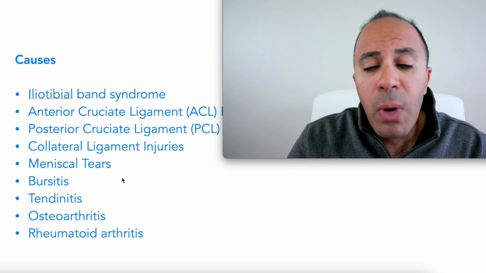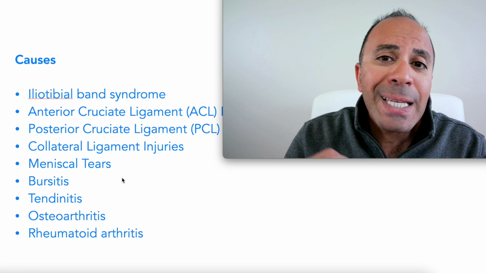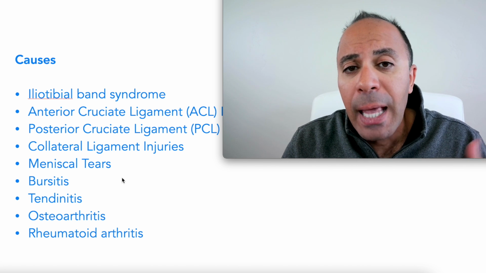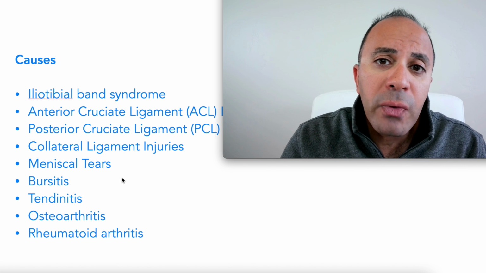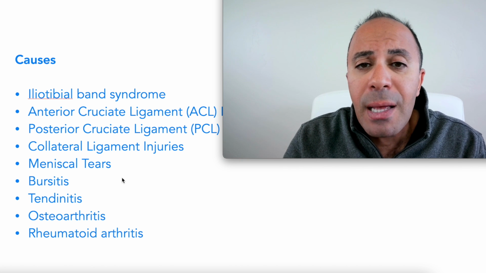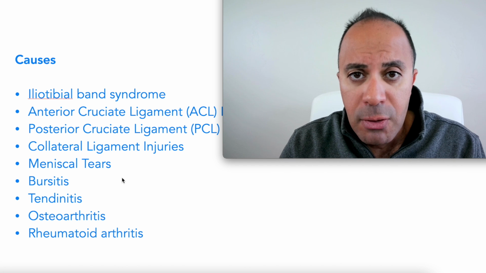So the best way to get to the root cause of the problem is to understand the normal healing cycle, and based on that, we address it, instead of being stuck with, oh, you have osteoarthritis or rheumatoid arthritis. That does not tell us much about what's going wrong internally.